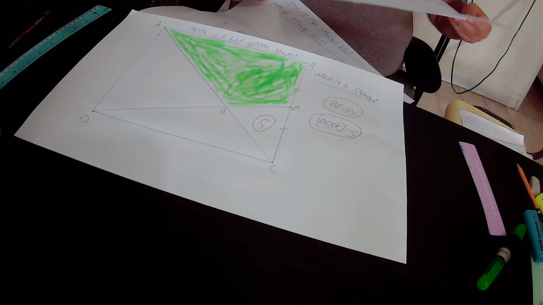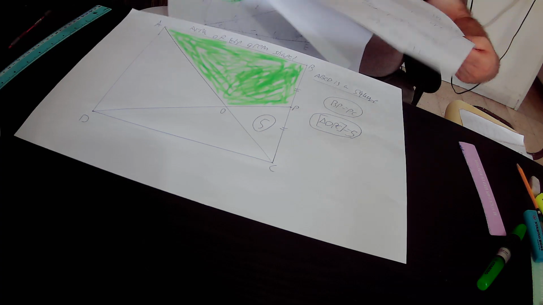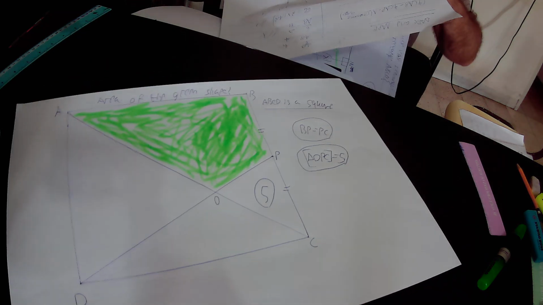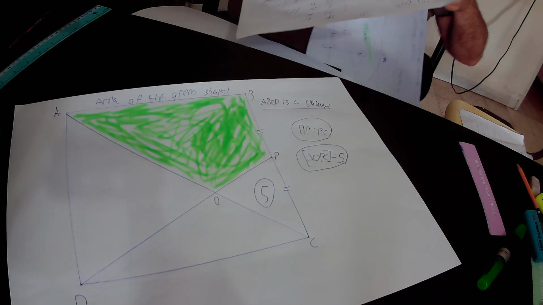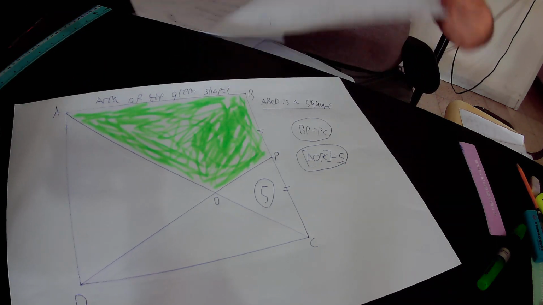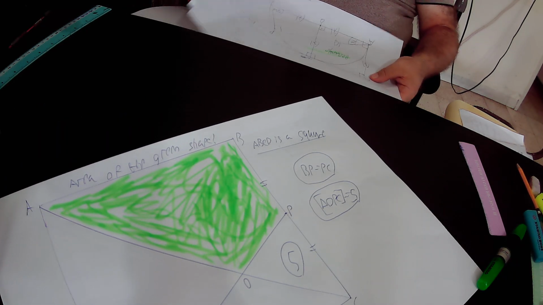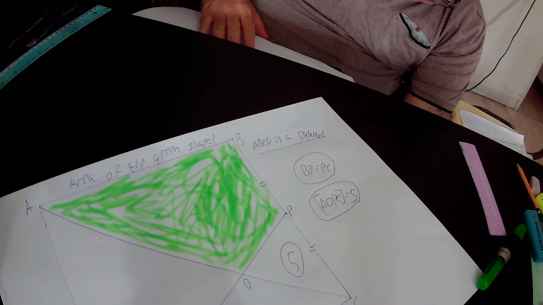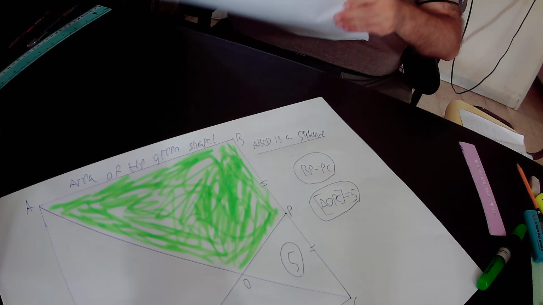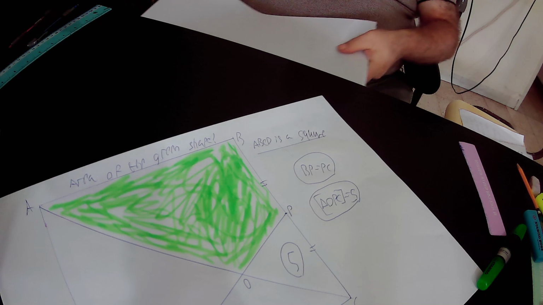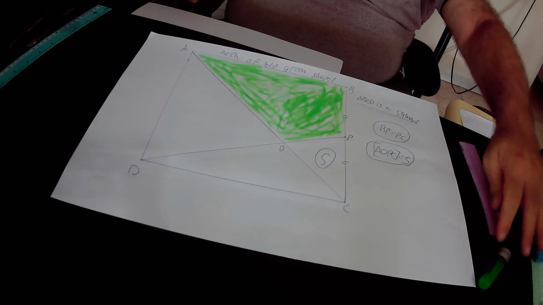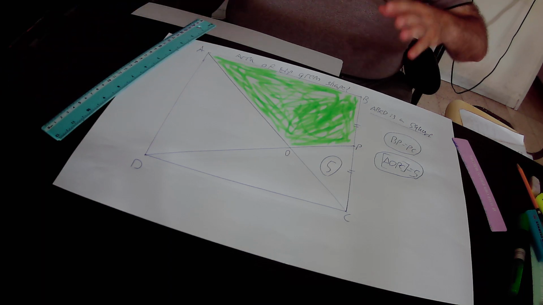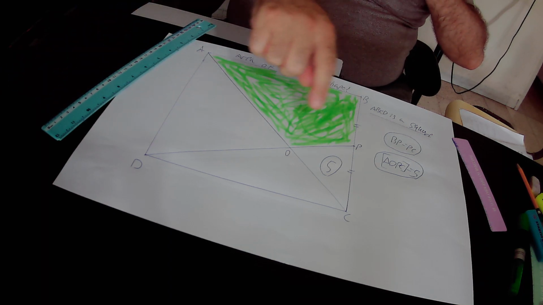In the next step, I present to you the second question, and we'll solve the second question of this lecture. Our mission in this second question is to find out the area of this green shape.